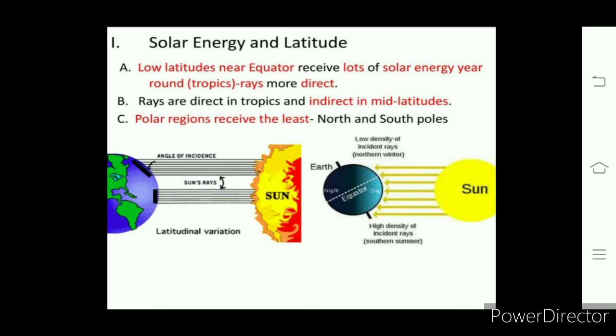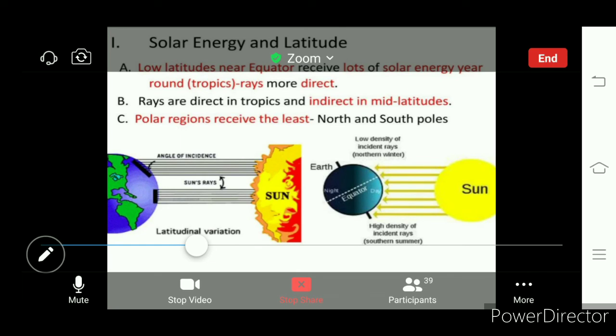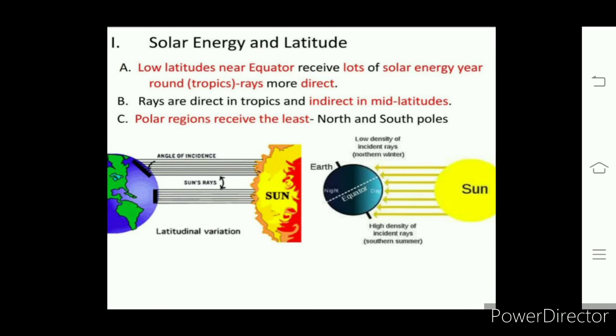That means there the angle of incidence changes due to the curvature. So we find the solar energy received at different places is different, right? So there is a connection between latitudes and insolation received at that place, right?